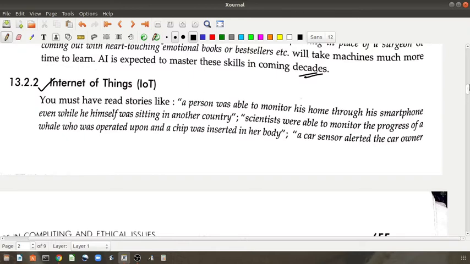For example, a person was able to monitor his home through his smartphone even while he himself was in another city. To monitor his home from the smartphone means that the AC, the refrigerator, and the security camera are communicating with the smartphone. So how is this happening?